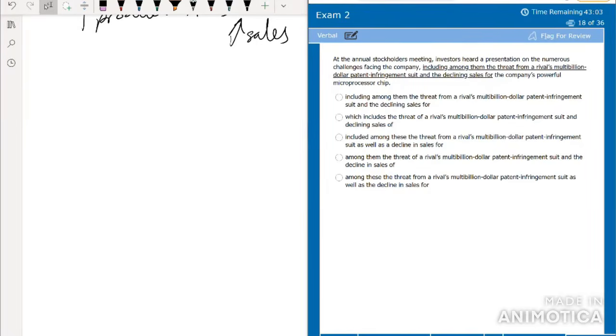Okay, at the annual stockholders, long sentence. Investors heard a presentation on the numerous challenges facing the company, including among them the threat from a rival's multi-billion dollar patent infringement suit, the declining sales of the company's platform. So we can get rid of B immediately, because which is not about the company.